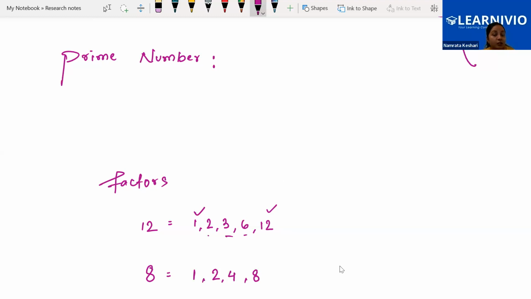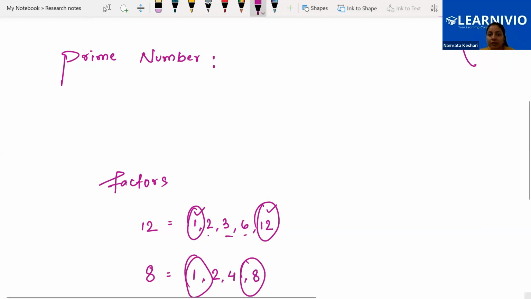When I say more than two factors, please do consider 1 and the number itself. So whenever we write the factors of any number, 1 and the number itself are always factors of the given number. And what about prime numbers? What are prime numbers?